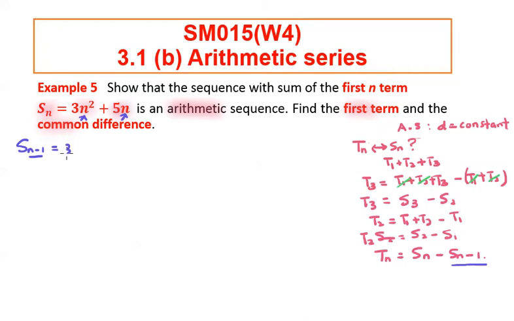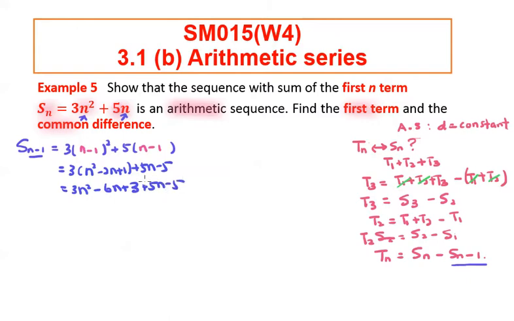So it's 3 times n minus 1 squared plus 5 times n minus 1. Square the n minus 1, and we have 3 times n squared minus 2n plus 1, plus 5n minus 5, which is 3n squared minus 6n plus 3 plus 5n minus 5.